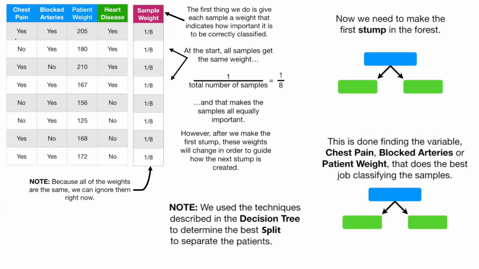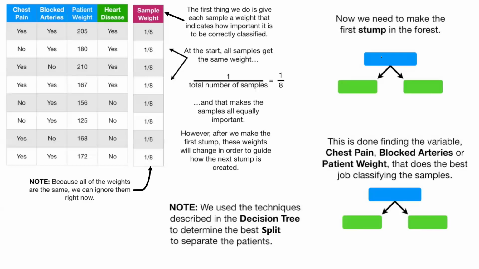To create a stump, we are going to consider three dimensions: chest pain, blocked arteries, and patient weight. How do we decide which variable has to come as the node?